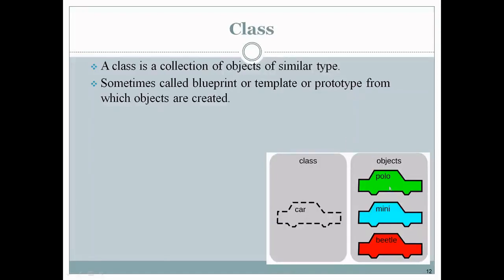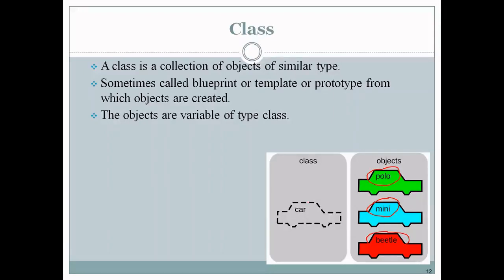The objects are, say, car polo, then car mini, then we have object of class car, that is beetle. Like this we can create any number of objects from a class car. So first we need to have a class, and from that class we can have any number of objects.